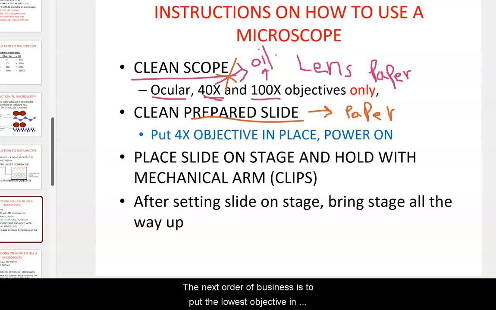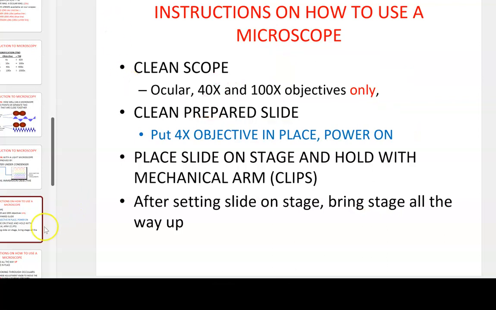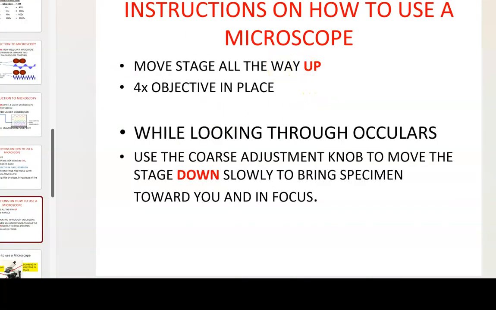The next order of business is to put the lowest objective in place, which is the 4x objective. You place the slide on the stage and hold it with the slide clips. And then we're going to bring the stage all the way up using the coarse adjustment knob. So we're moving the stage up all the way with the 4x objective in place, and then we'll proceed to look through the oculars.